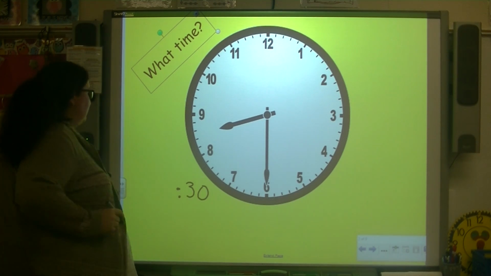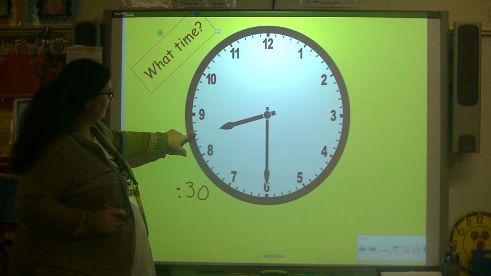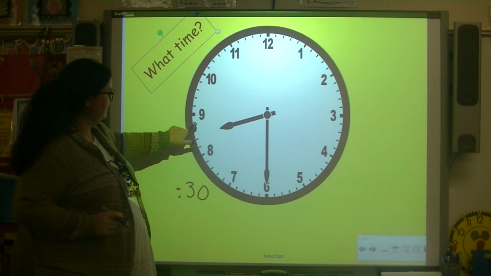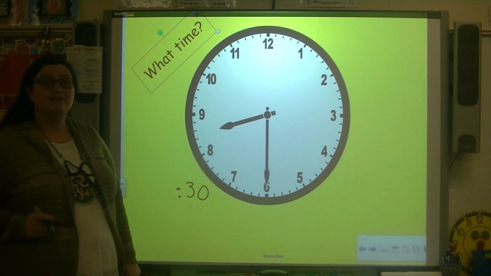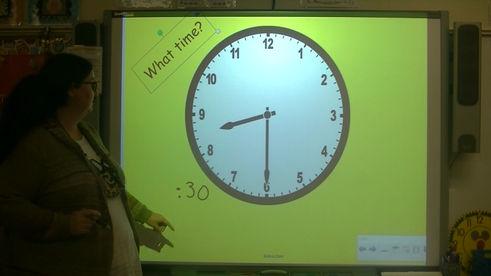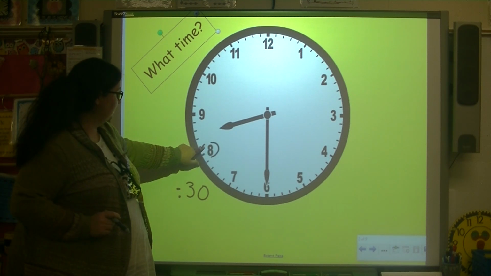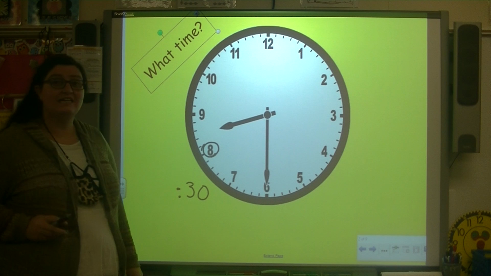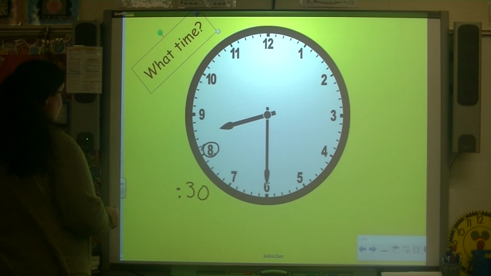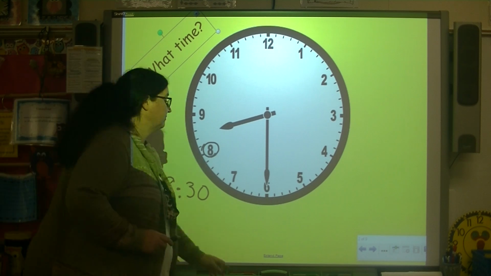Now, let's look at the hour hand. The hour hand is between the 8 and the 9. So is it 8:30 or 9:30? We have to back up. We can circle it. It is 8:30.